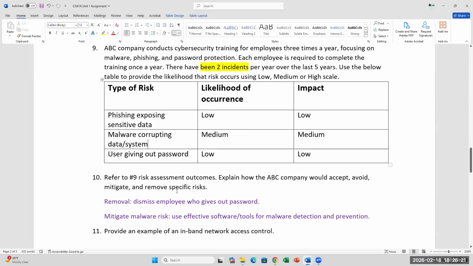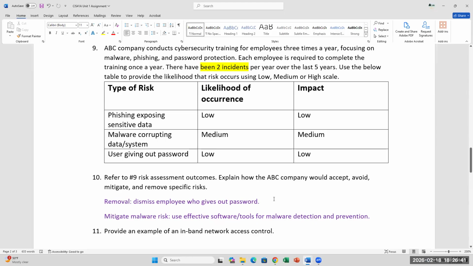Okay, then for number 9, what are we going to do with this table? After your risk assessment from the table, we would determine if they accept, avoid, mitigate, or remove a specific risk.